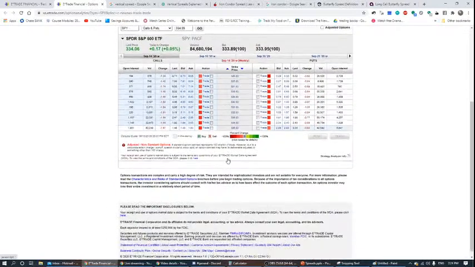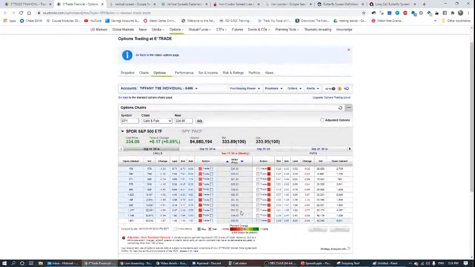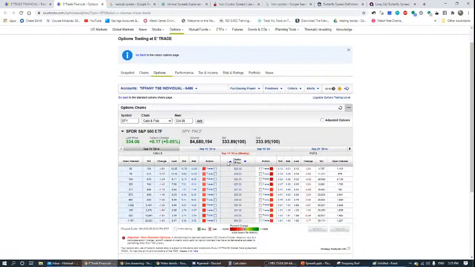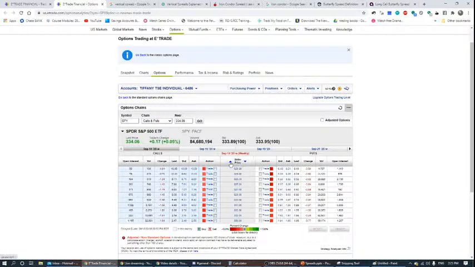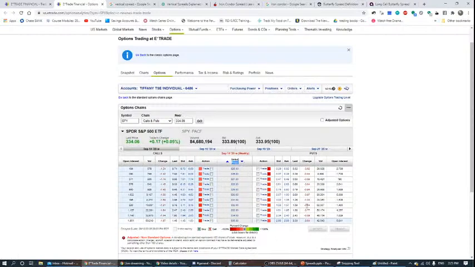Since this account is small, I don't want to do that. So we always want to be risk averse when doing credit spreads, because anytime the market can drop and go to your strike. It has happened to me before.